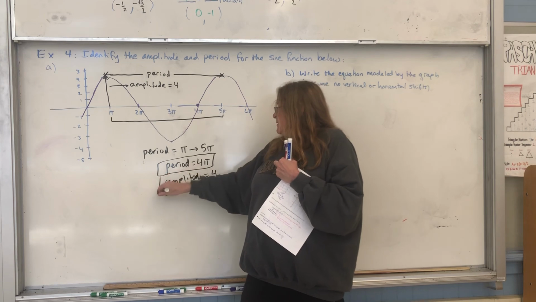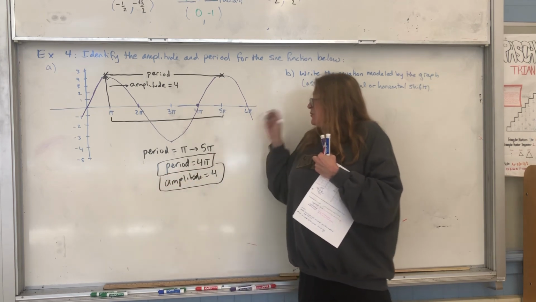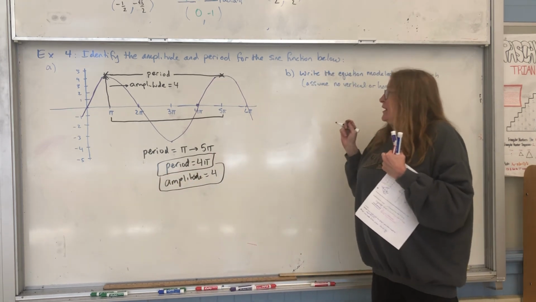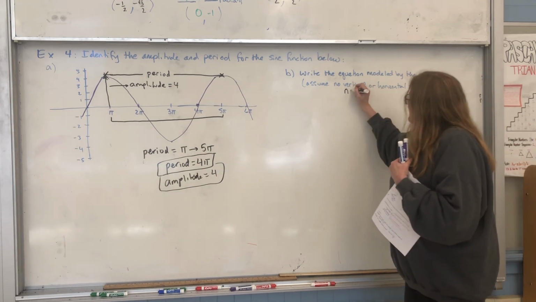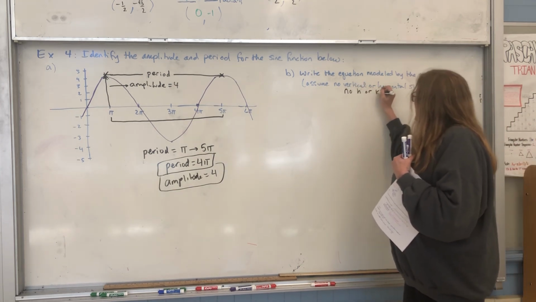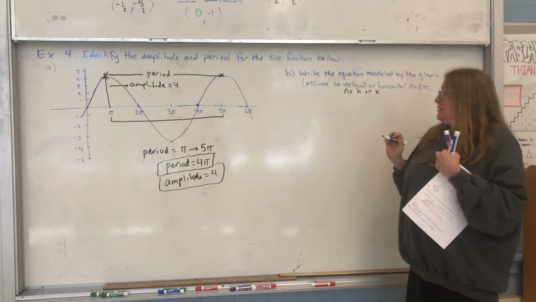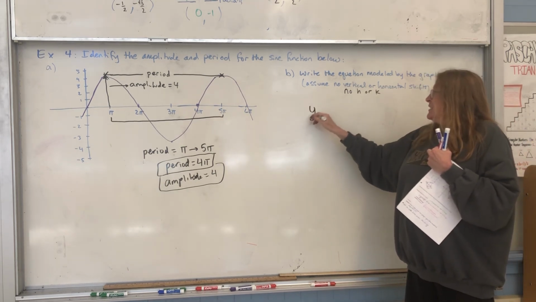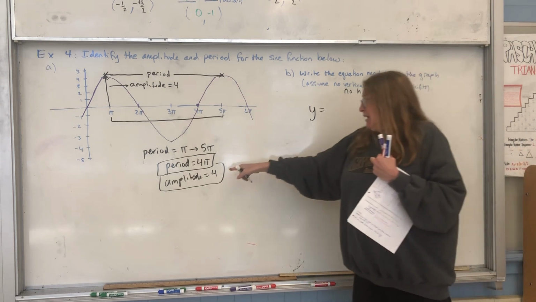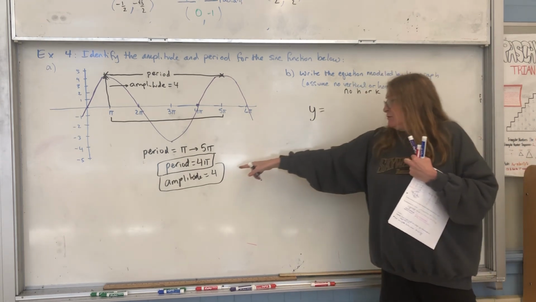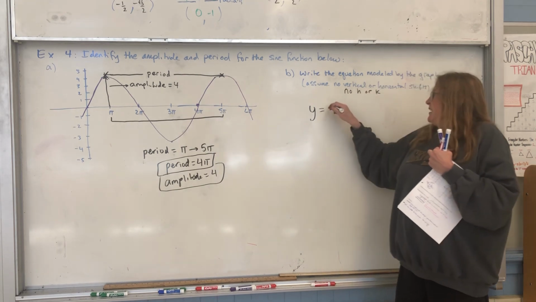Okay. Now they want us to take this information and write ourselves an equation. They're assuming that there is no h or k. So that means we aren't having any shifts. So if I want to write, all I need here is a and b, right? Because there's no h and k. Well, the amplitude is equal to the absolute value of a, right?